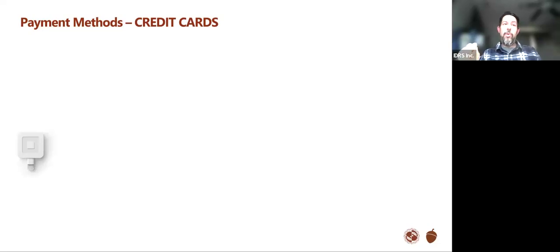There's another one before that would plug directly into your headphone jack. But when iPhone and subsequently a lot of Android phones got rid of the headphone jack, well, you couldn't use that reader anymore. So Square came out and created a reader that you could plug in to the phone, using the lightning cable or a USB-C.